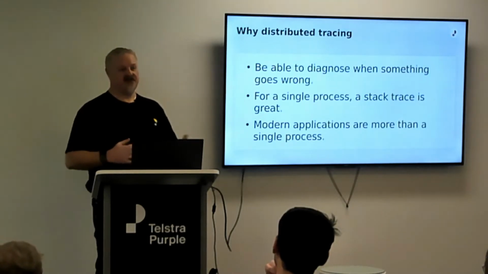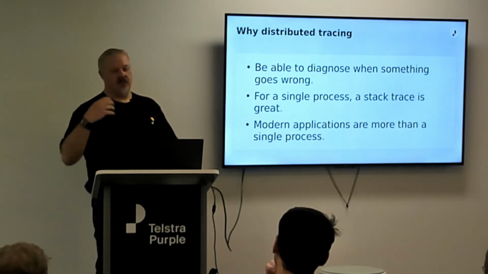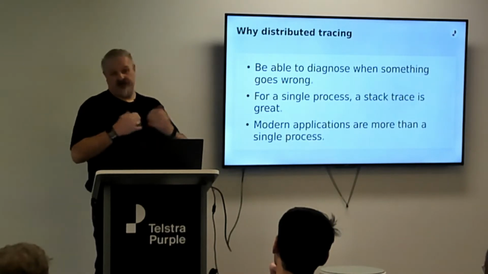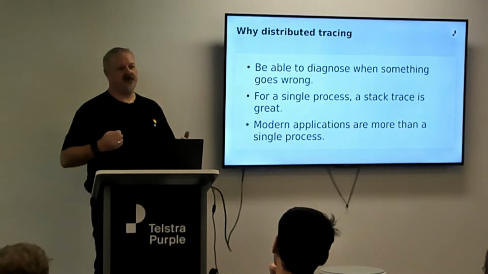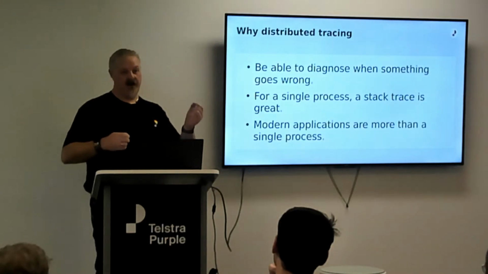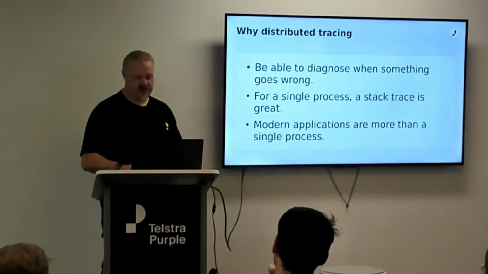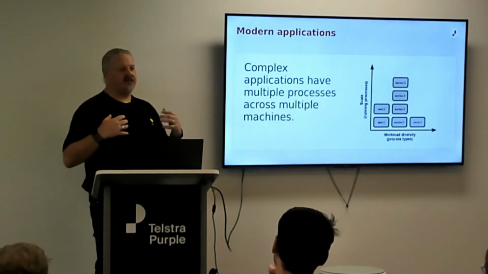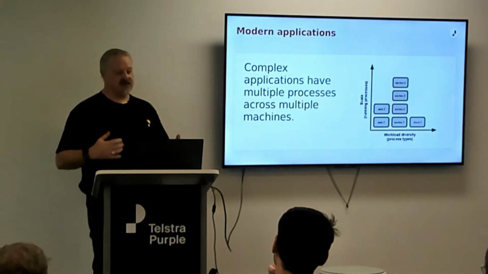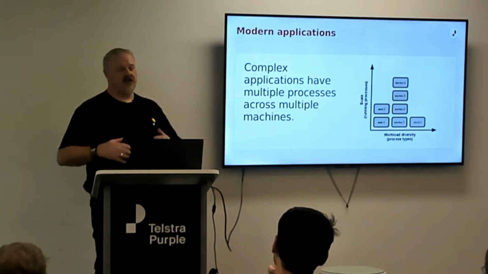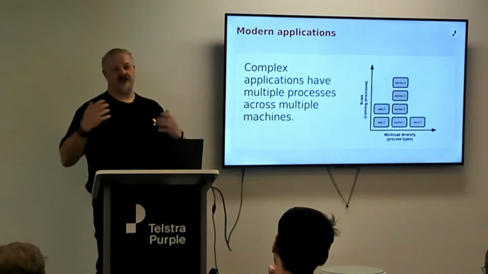If it's a single process, it's relatively easy to get your web server logs or whatever and find where a problem was. But modern applications rarely consist of one component or one process. Modern applications can be quite complex. They might have multiple processes across multiple machines, perhaps different languages, perhaps some of them as functions.